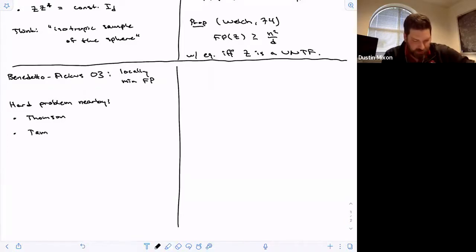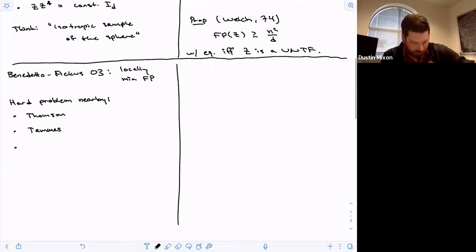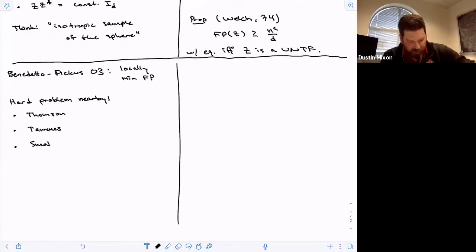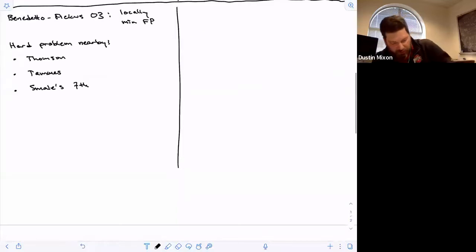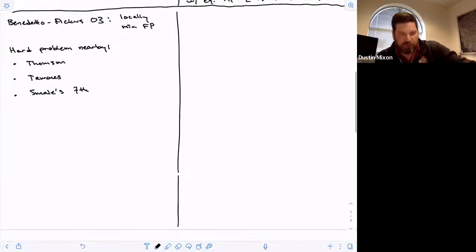The Tammes problem is looking at the generalization of Coulomb potentials to Riesz potentials and sending P, I think, to infinity, looking for the optimal configuration of points in a sphere so as to maximize the minimum distance, so like an optimal spherical code. And then Smale posed the problem of sending P from that Riesz potential down to 0. All of these are open problems that people are interested in solving.